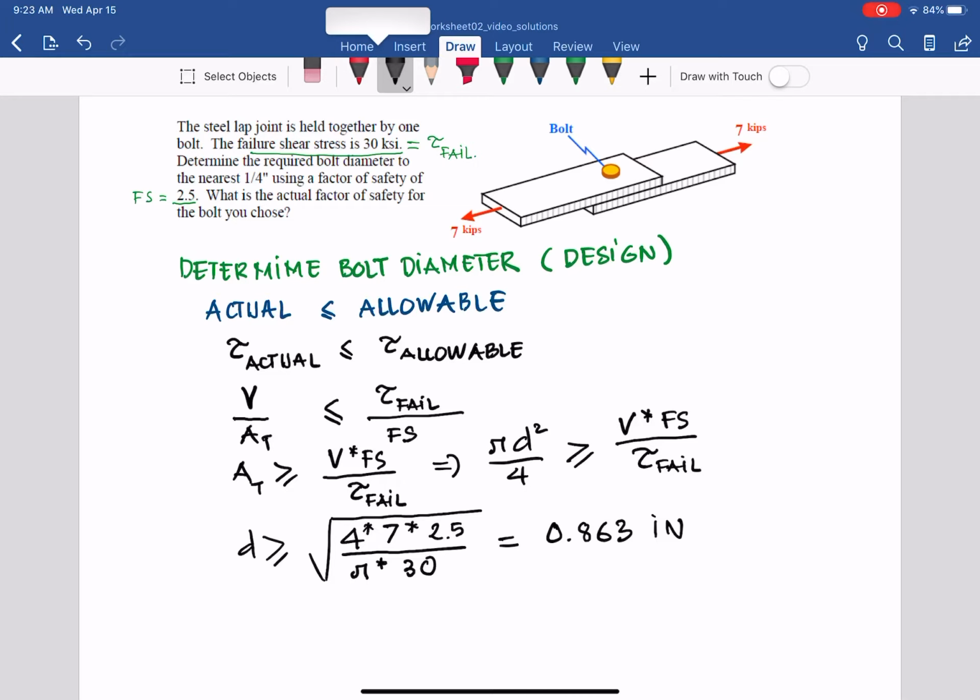In this case, they also have scenarios here. Require the bolt diameter to the nearest 1/4 of an inch. So what does that mean?